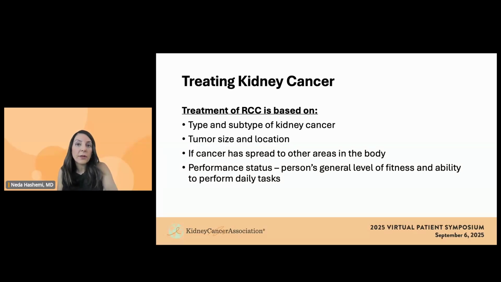This is very important when we decide what treatment we can give for the cancer. Performance status is a person's general level of fitness and ability to perform their daily tasks. And that helps us to select the best treatment that is the best fit for them.